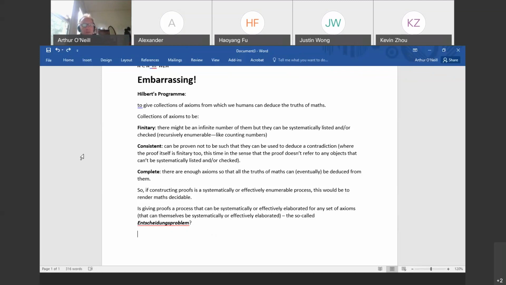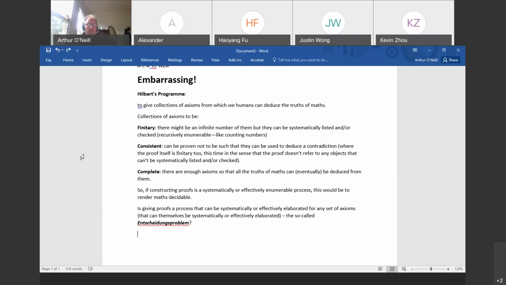Okay, so long as you have a logical system, a way of deducing truths from other truths that is systematically or effectively doable, so there's a finite number of rules that you can use, that would render maths decidable.